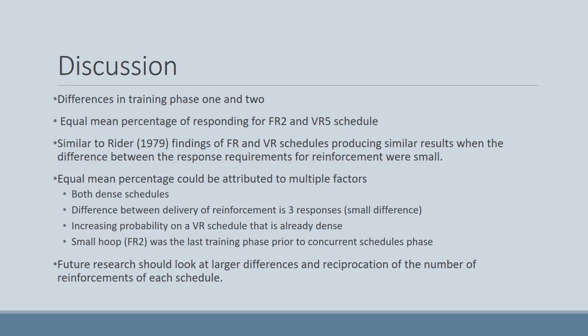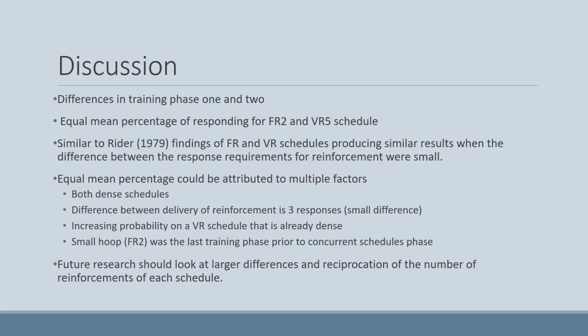So the subject was receiving a dense schedule of reinforcement on both schedules. The difference between the delivery of reinforcement is only 3 responses, which is a very small difference compared to a FR2 and a VR80, let's say. There's also the increasing probability on a VR schedule that is already dense.